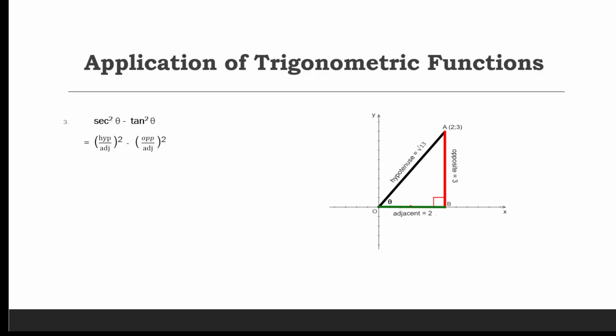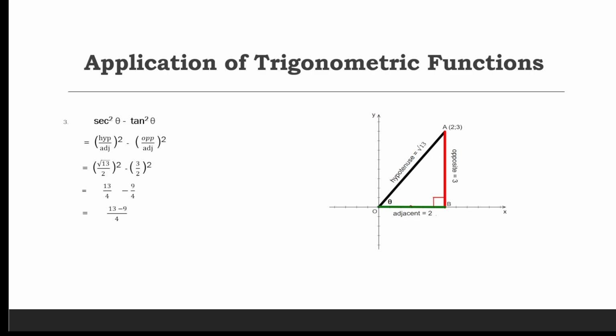And tan theta is opposite over adjacent, so tan squared theta would be opposite over adjacent squared. Substituting the values, for the hypotenuse we substitute root 13, for the adjacent we substitute 2, and for the opposite we substitute 3. And that results in 13 over 4 minus 9 over 4.